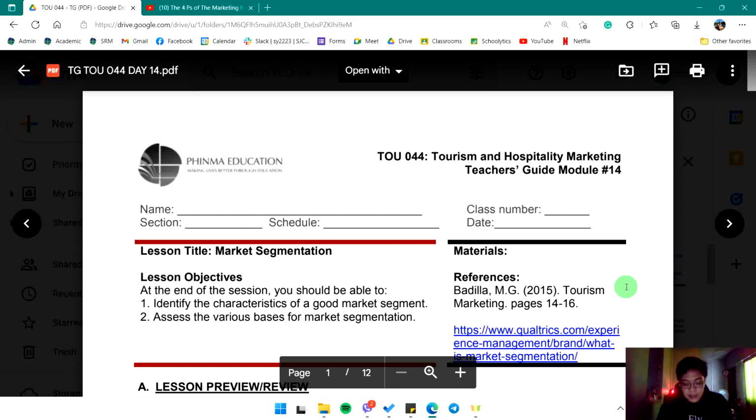And when we say segmentation, ibig sabihin lang naman po nito is ginugrupo-grupo natin ang ating market or ang ating mga customers. Ginugrupo-grupo natin sila para malaman natin kung paano natin sila i-engage, no? When it comes to marketing our products.